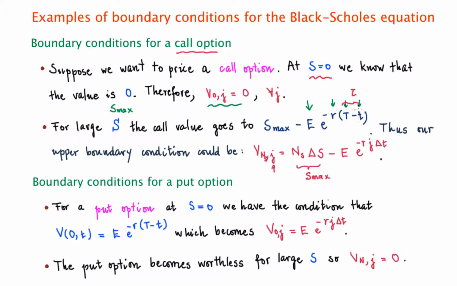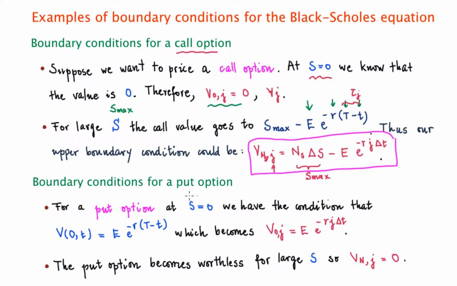This is tau evaluated at time j, which is j times delta t. So this is the other boundary condition that we can include in order to evaluate the call option.